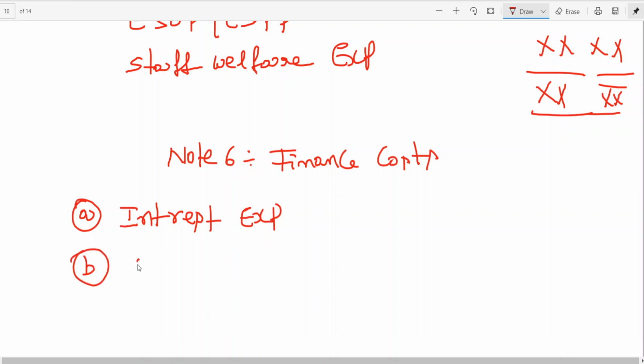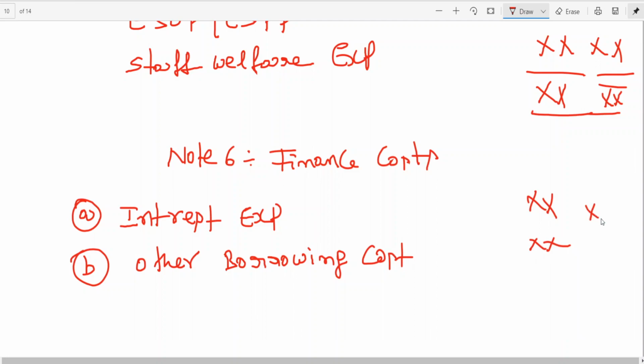B, other borrowing cost. Any other interest which you pay comes here.